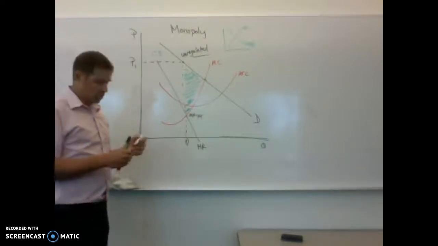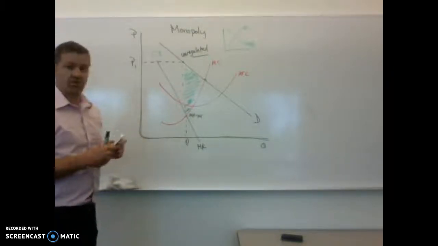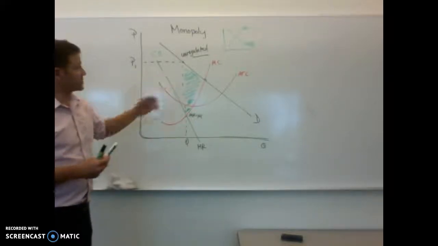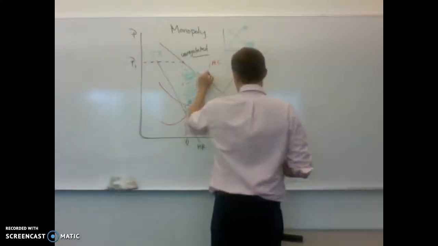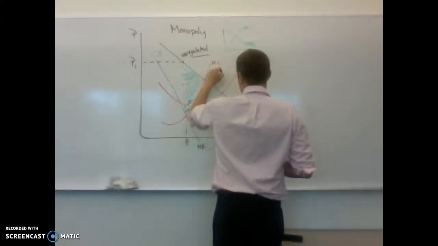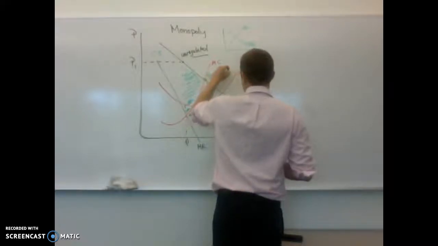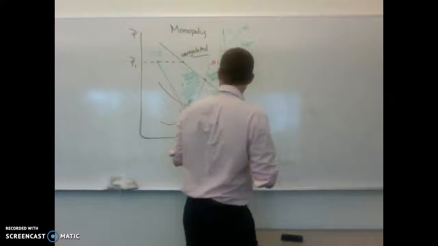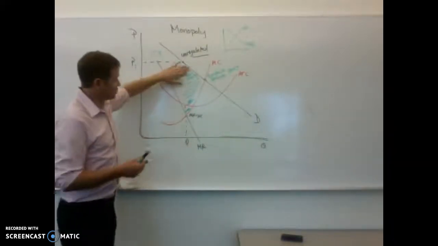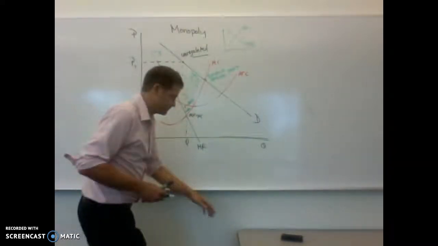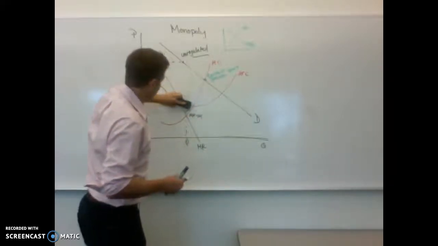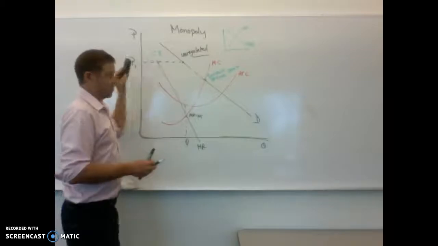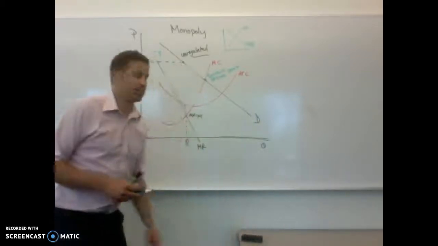So you could regulate this market and force the monopolist to produce at this point, which is the socially optimal point. And if you did that, you would get rid of this deadweight loss, and consumer surplus and producer surplus would be maximized.